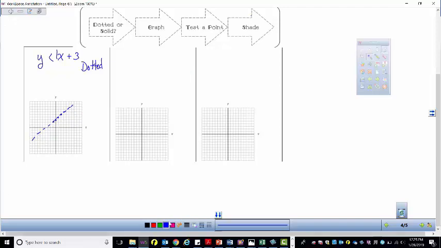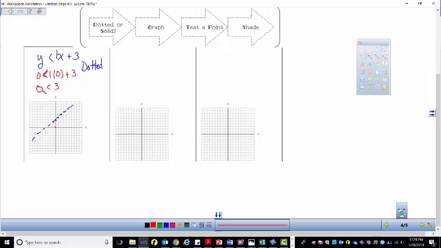Our next thing, this is going to be new, they want you to test a point. The easiest point to test is 0, 0. What that means is you have to plug it into your inequality. So you're going to put 0 in for y, and oops, it's less than, not equal, sorry. 0 is less than 1 times 0 plus 3. 1 times 0 is 0, so 0 plus 3 is 3.